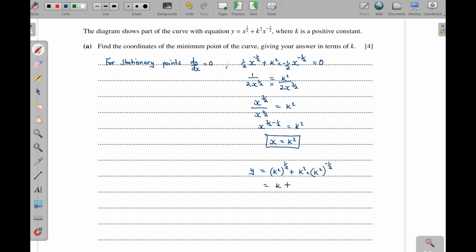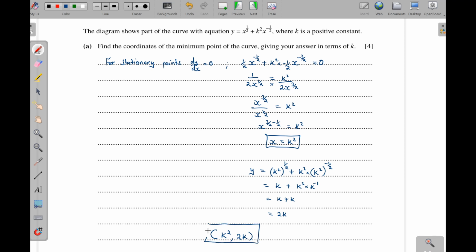So this one will give us k, then plus k squared times k power negative 1, because you will multiply these powers, right? Then I add these powers: 2 minus 1, what do you get? Don't you get 1? So you have a k here, meaning y is going to be 2k. So the coordinates of the stationary point are k squared and 2k.